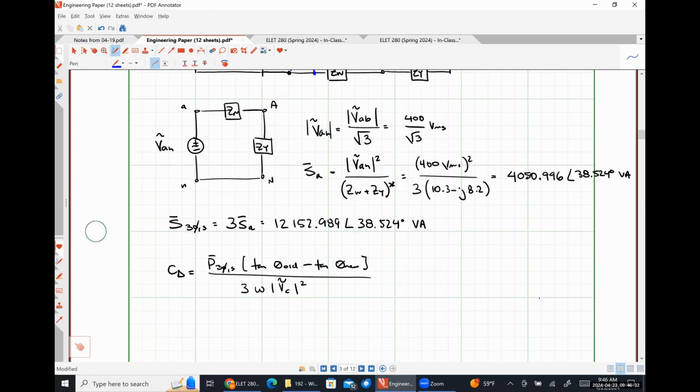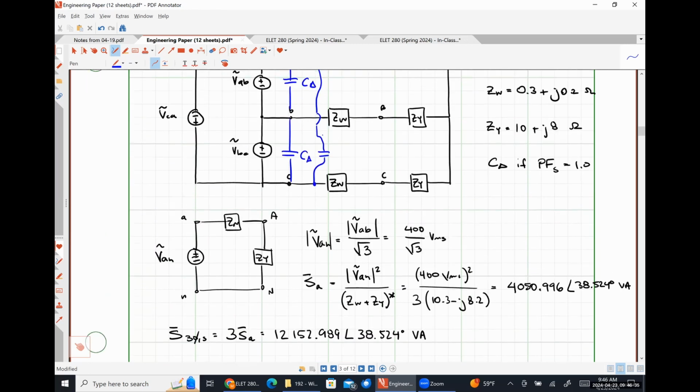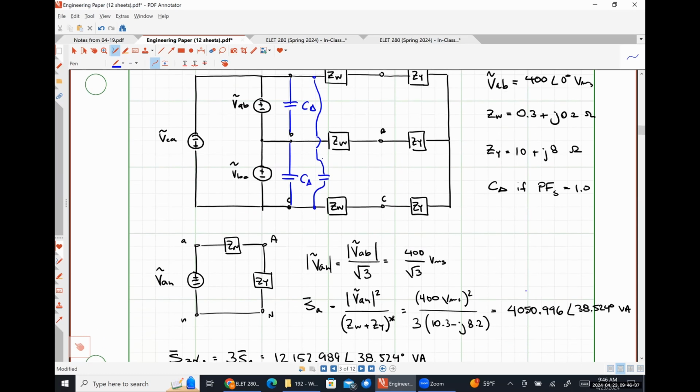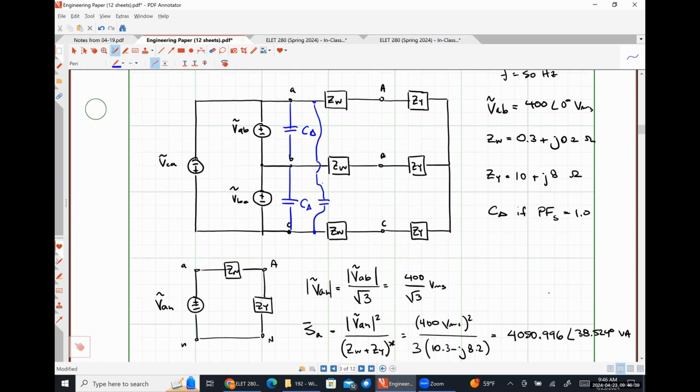Just as a heads up, what's the voltage drop across our capacitor? Same as VAB, right? Because if our source is connected in delta and our capacitor bank is connected in delta, it's just the voltage drop across the source. So 400 volts RMS.